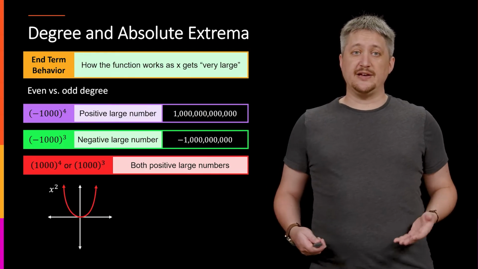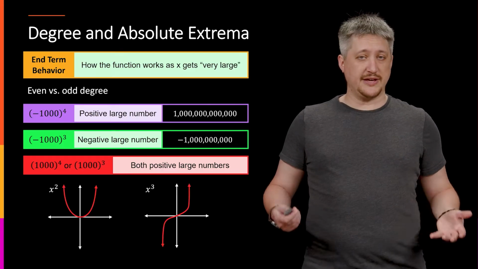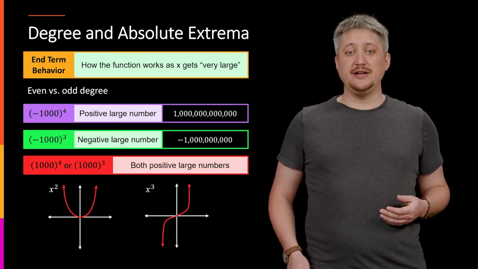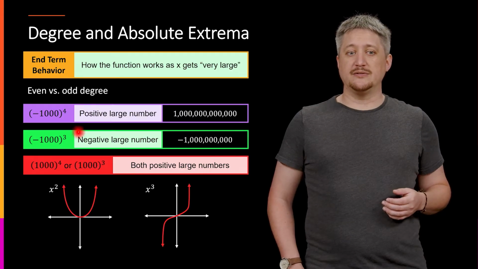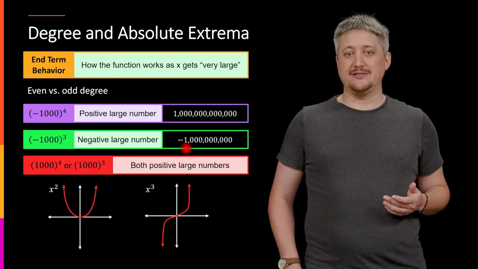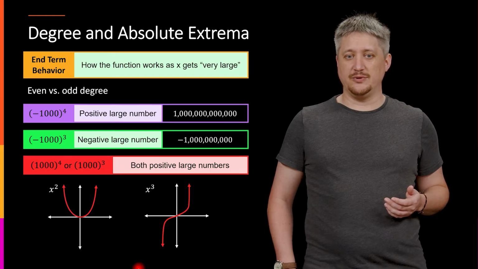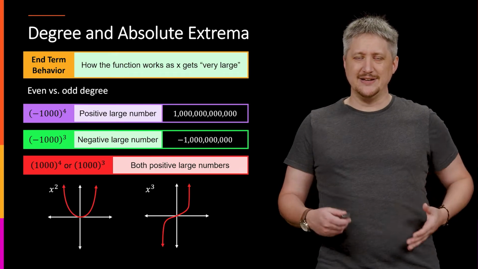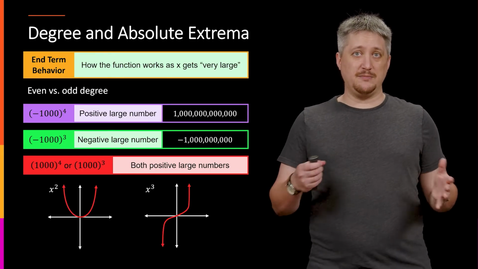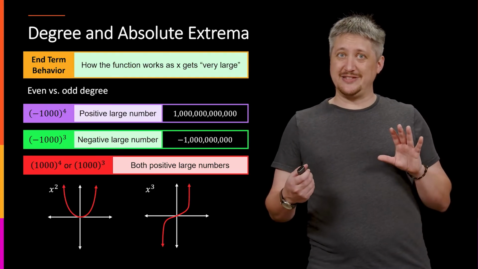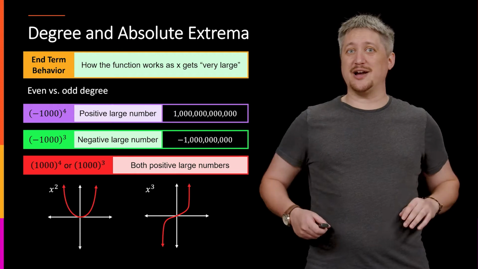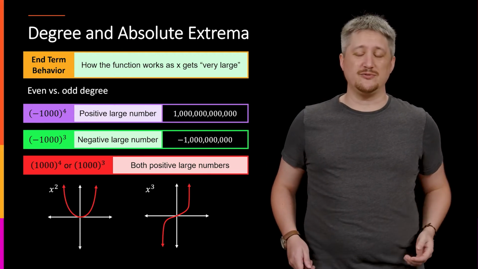In contrast, with an odd power, like x cubed, going to the right, getting large and positive, it goes up. But going left, getting large and negative, it goes down a whole bunch. Okay, so this is the idea. We split it into even and odd power parts because of how that makes the left side of the graph work with the large negative values.